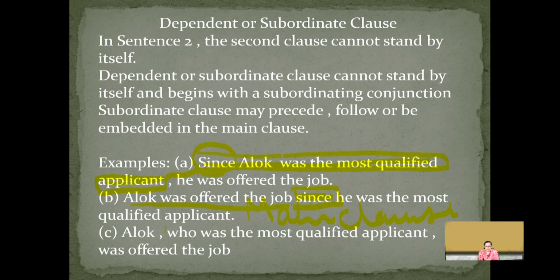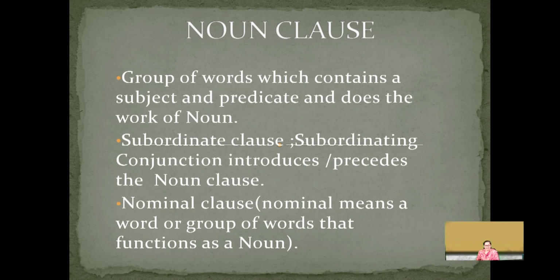Now here, this part which is preceded by a conjunction is the subordinate clause. And what is the main clause? The main clause is "Alok was offered the job," and this is your subordinate clause. And why is this the subordinate clause? Because it cannot stand on its own. It requires the main clause in order to make sense.